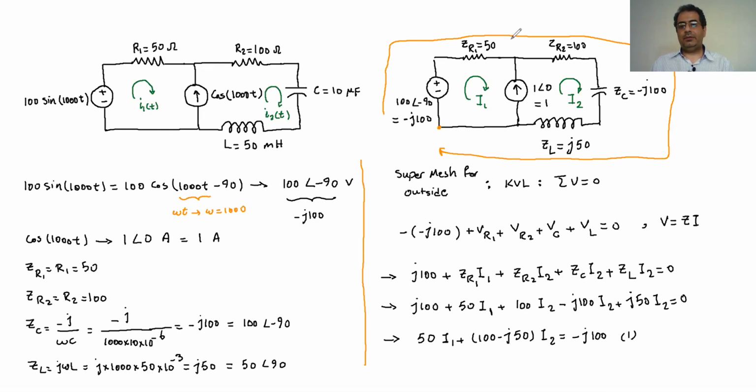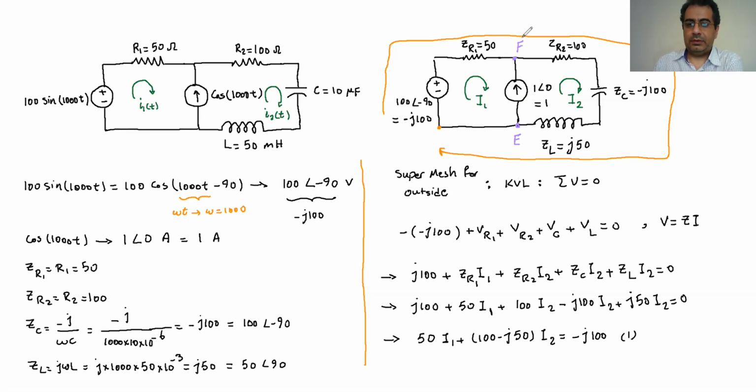Remember that when we have a current source in the mesh current method, we can also write an equation for this connection here. So assume this one is going to be node E, and assume this will be node F. I just name them to know what they are.